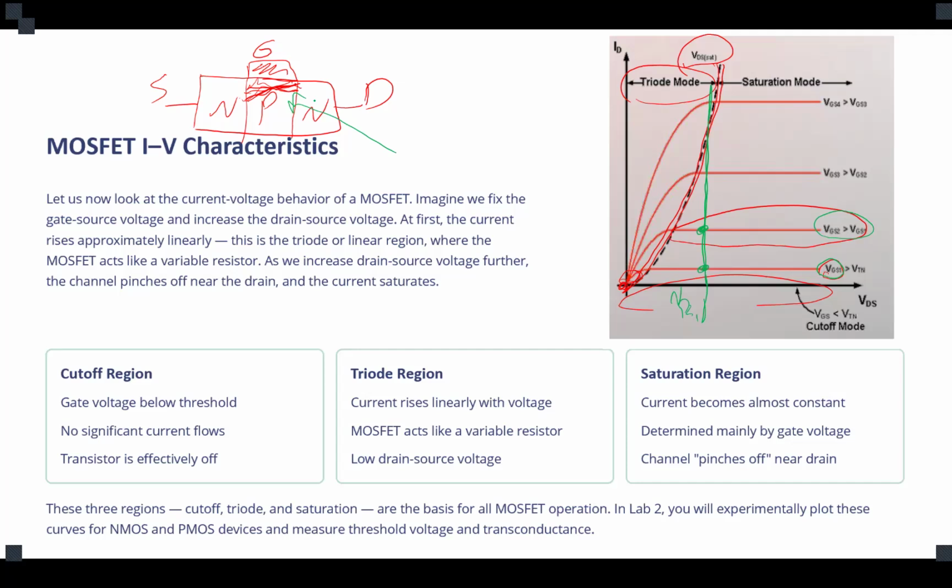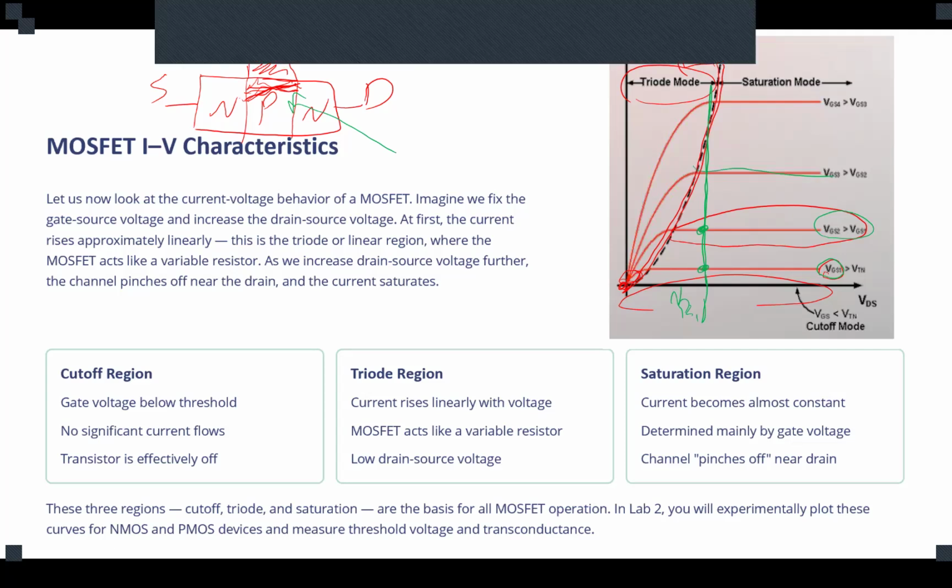Now it doesn't matter how much higher you raise the voltage, you don't have any capacity to go further with respect to the current. So it gets saturated, meaning you have a constant current regardless of the voltage between drain and source. Are we good? These are the characteristics of the MOSFET.